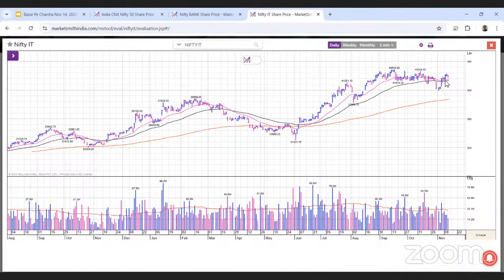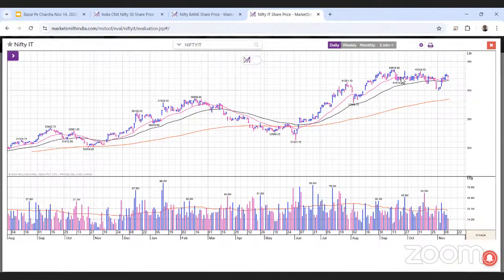Pressure means either it has a more elevated number of distribution days, or it is below the 21 DMA or anything like that, or it is trending sideways. Otherwise, all the indices are trending in a downtrend. A few stocks from mid cap IT and large cap IT are doing good.